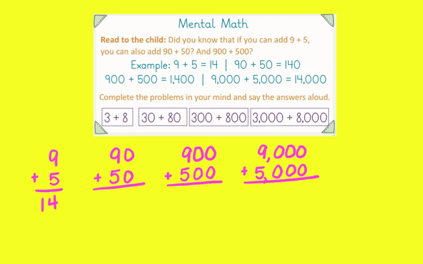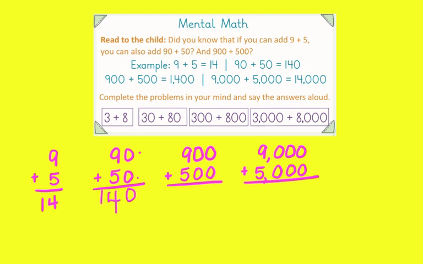So if you look down here, you can see we have 9 plus 5 equals 14. If we look at 90 plus 50, we know that we have a 0 plus a 0, and 0 plus 0 is always 0. And then we have that 9 plus 5 again. So 9 plus 5 is 14.